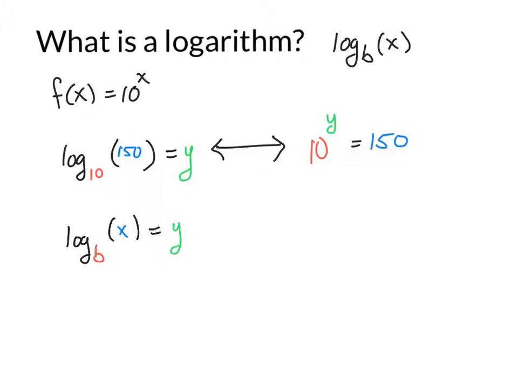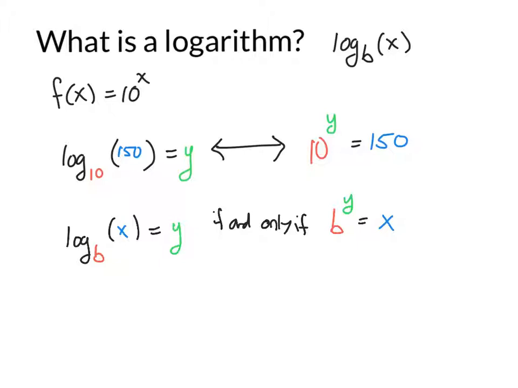We would say that log base b of x is equal to y if and only if we have b raised to the power of y equal to x. So this right here is our general definition of a logarithm.